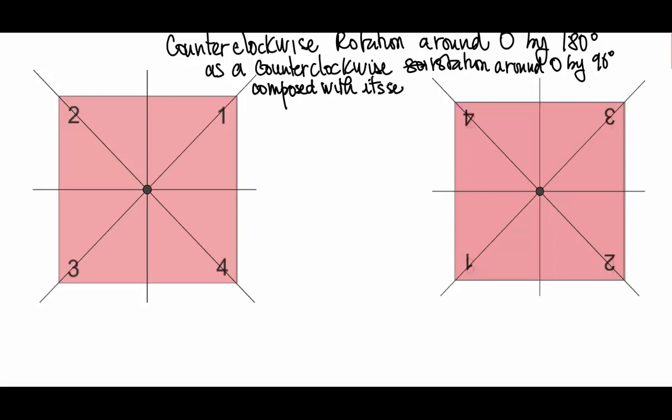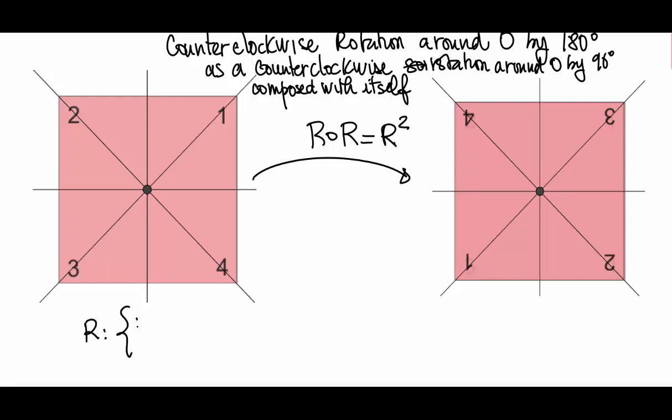In other words, we are taking the rotation which we defined earlier and composing it with itself, and we can denote this as R squared.